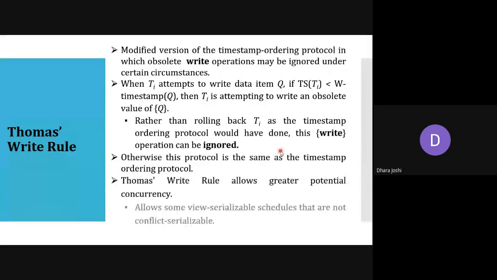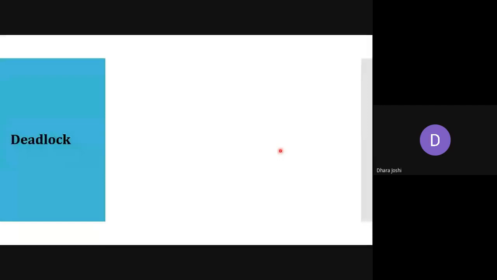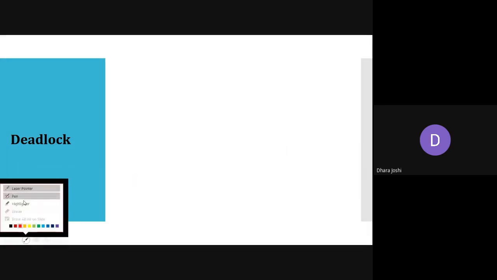Okay. We have seen up to this, and now we are going to start with a new topic, which is deadlock. We know what deadlock is. We'll take a simple example: we have two data items, data item A and data item B, and two transactions, transaction T1 and transaction T2.